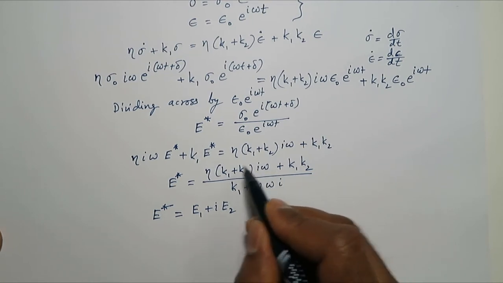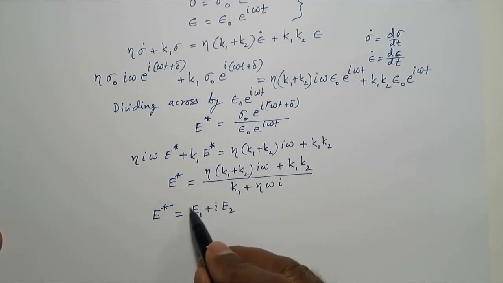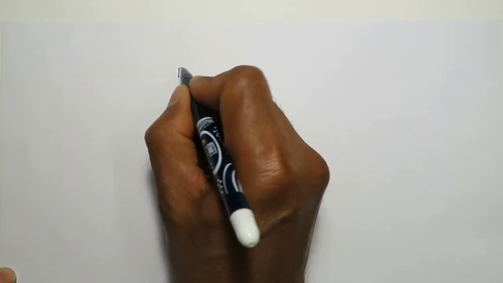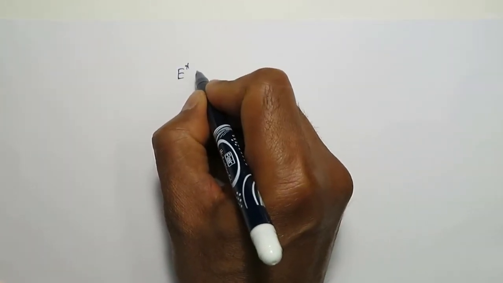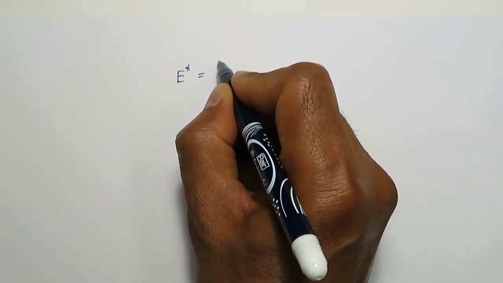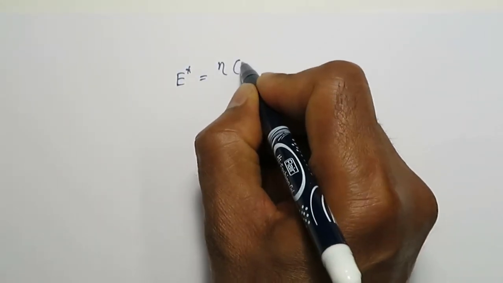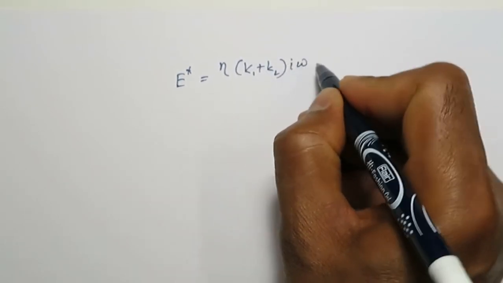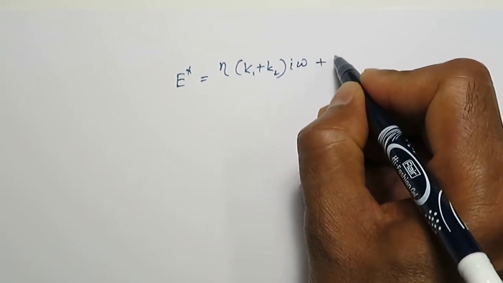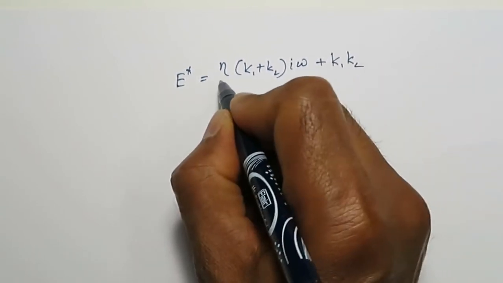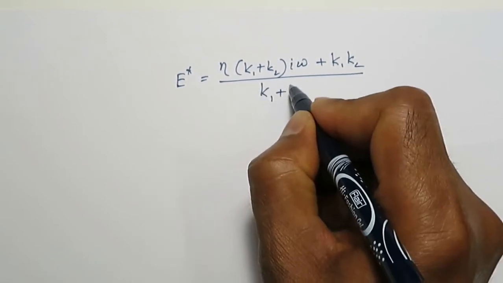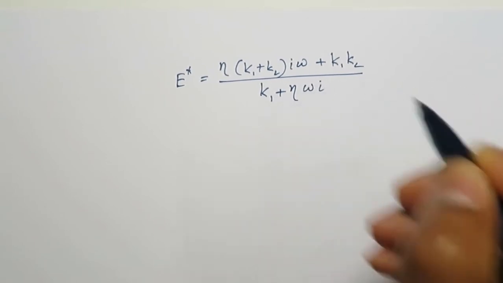So we will simplify this equation into this form so that we can find E1 and E2. Let's write it again: E star is equal to [eta (k1 plus k2) i omega plus k1 k2] over [k1 plus eta omega i].